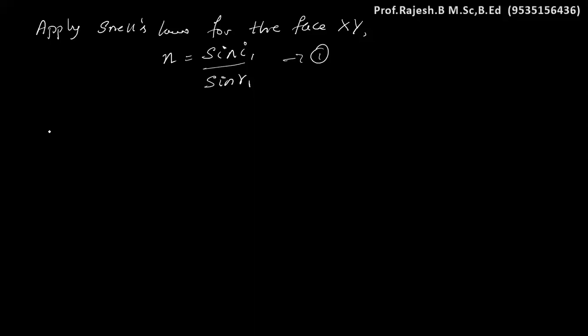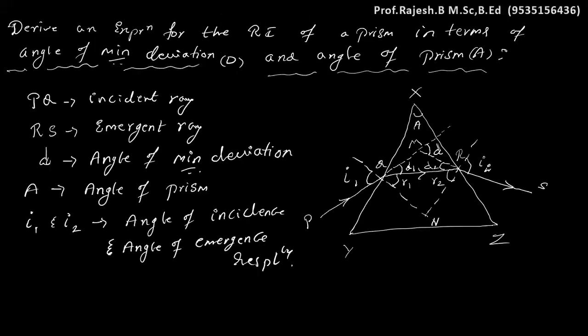Now look at this triangle. In triangle QMR, exterior angle is small d, interior angles are D1 and D2. Exterior angle will be equal to the sum of the two opposite interior angles.